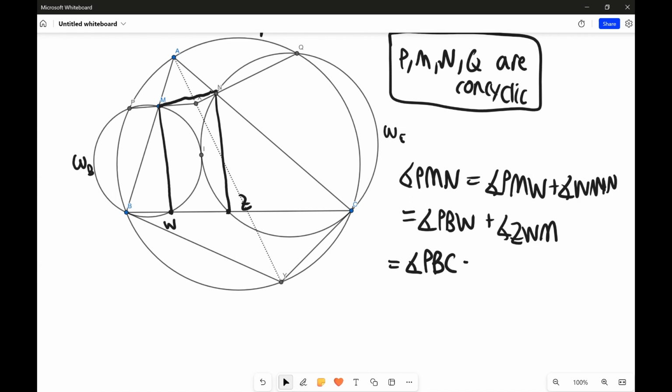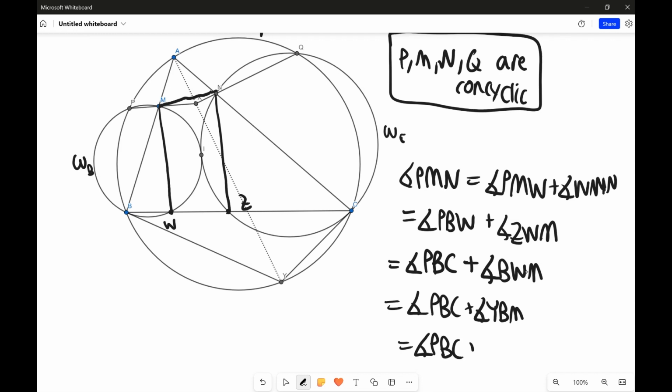And directed angle ZWM is equal to directed angle BWM. And now we note that directed angle BWM is equal to directed angle YBM because of the tangent lines. So that's PBC plus directed angle YBM, which is directed angle PBC plus directed angle YBA.